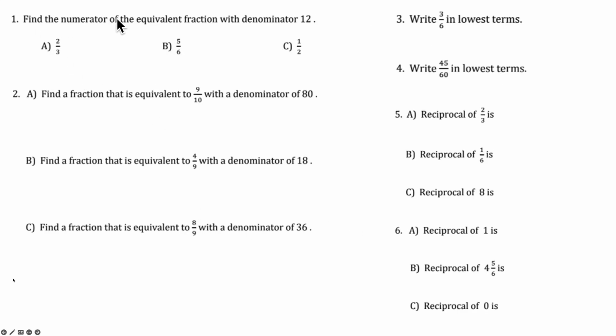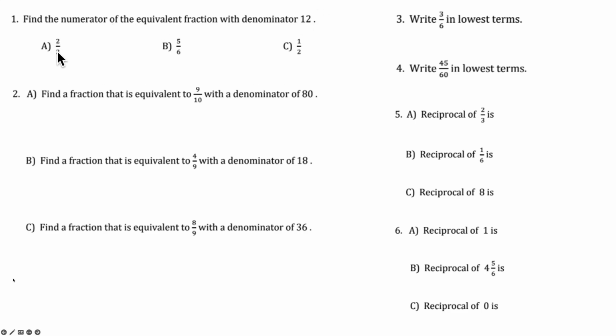Find the numerator of the equivalent fraction with denominator 12. And we have 3 fractions here. Problem 1 and problem 2 are the same questions. I'm just going to do them 2 different ways. You choose the one you like. So again, we want to write an equivalent fraction. That means it has to be the same value as what's given, but we want 12 in the denominator.